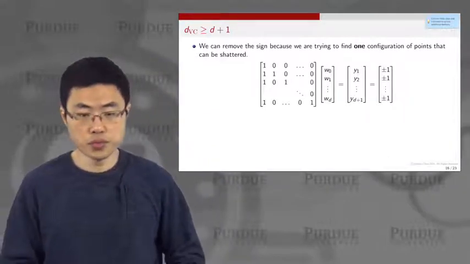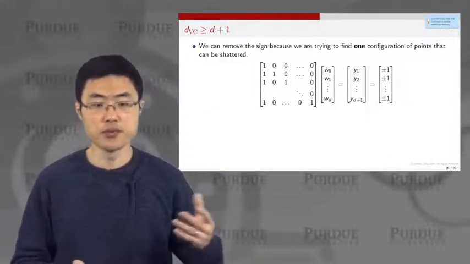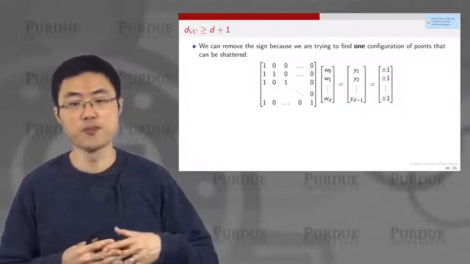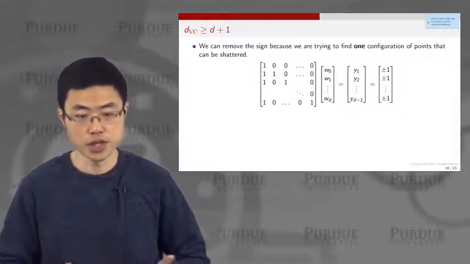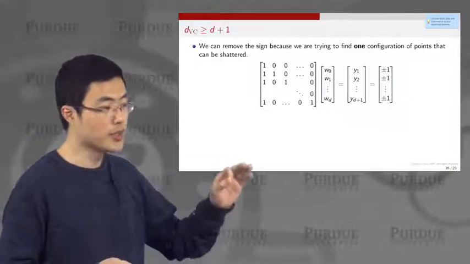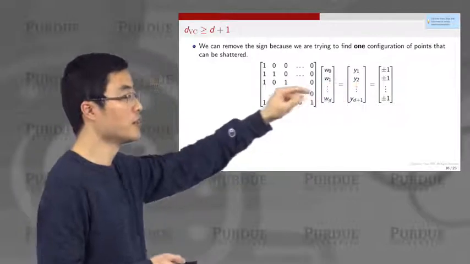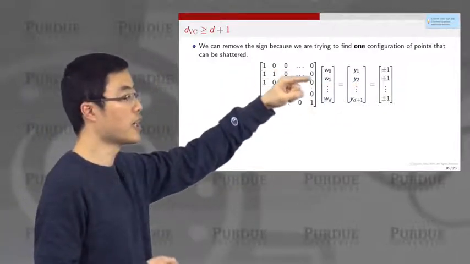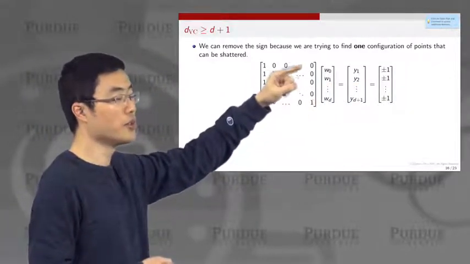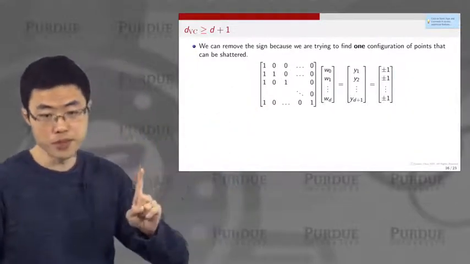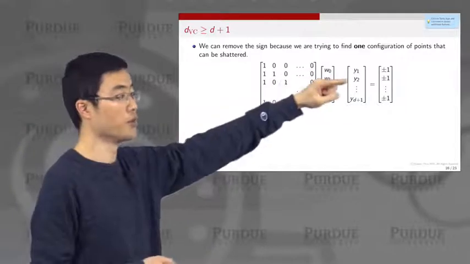So to calculate this result, we can try to remove the sign, because what we want is just to come up with one possible configuration that can shatter the data points. The sign, of course, will tell you the +1 and -1s. You can choose different W's, but I do not need to enumerate all the possible W's. I just need to come up with one W such that this equality will hold.